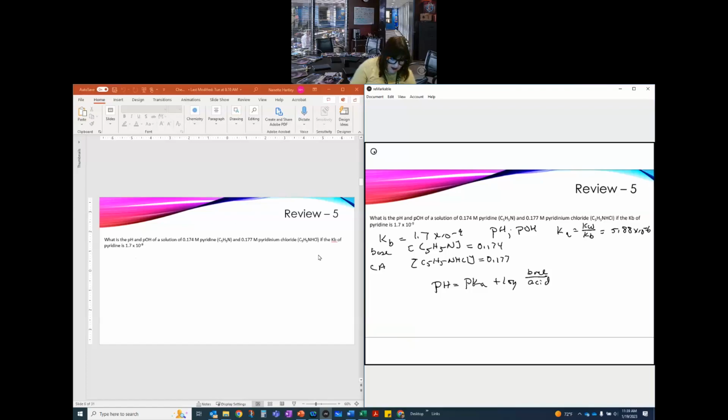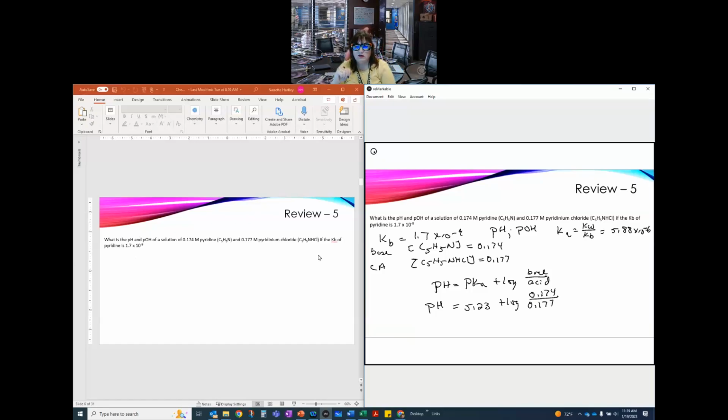If I take the negative log of that, that gives me 5.22 or 5.23. I'm going to plug that in for pKa. I'm solving for pH, and I'm going to add the log of the base, concentration of the base is 0.174 over the concentration of the acid, 0.177.